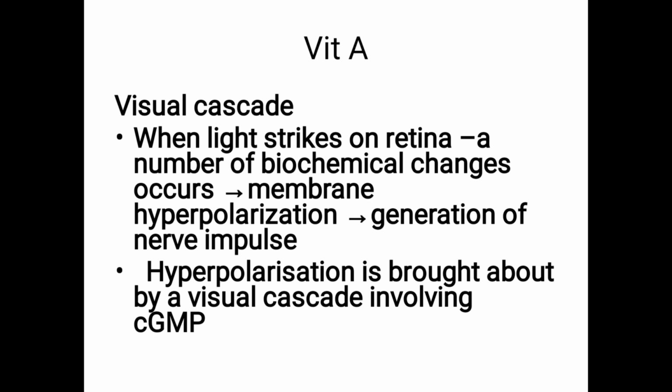cGMP means cyclic GMP. GMP means guanosine monophosphate, which is a nucleotide, like ATP, adenosine triphosphate. It is produced from guanosine triphosphate.